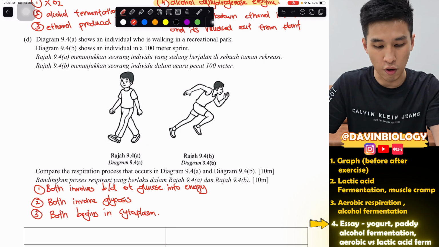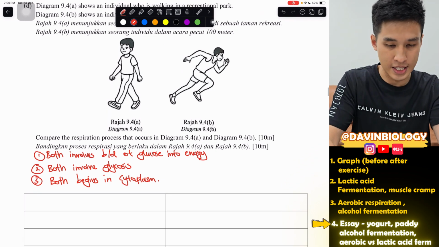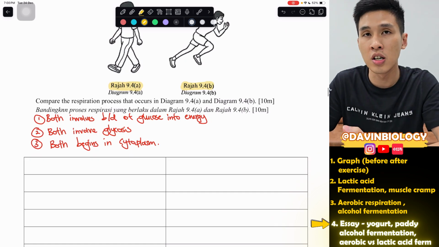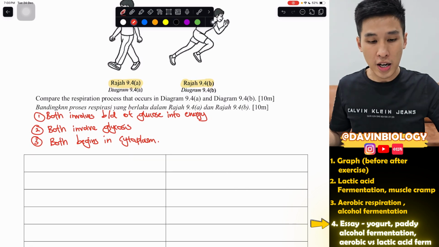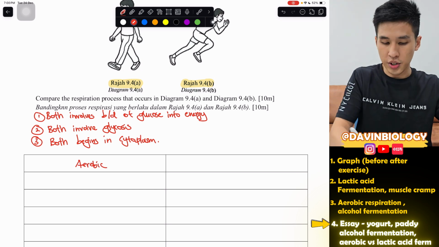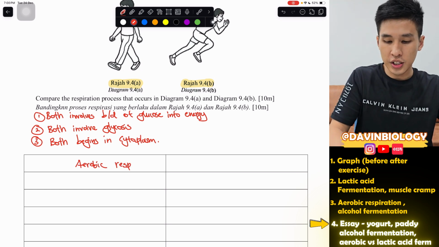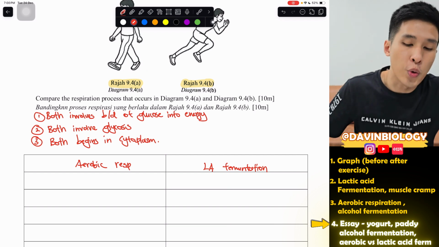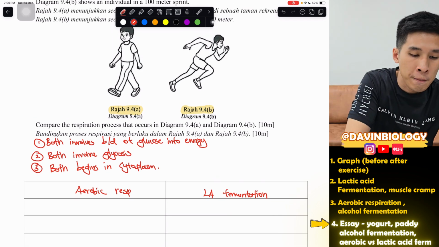And that's about it. Now, for differences, remember, in an essay, if they give you unknown and didn't name the process, naming the process gets marks. So, this is aerobic respiration, and this is lactic acid fermentation. Let's write out the equations because we compare the equations first.